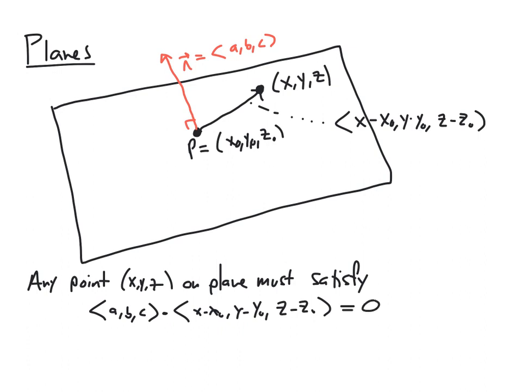That vector in the plane must be orthogonal to the normal vector, and therefore the dot product of those vectors must be 0. And so we can compute this dot product. So this will be a times x minus x naught plus b times y minus y naught plus c times z minus z naught. And of course, that's equal to 0.